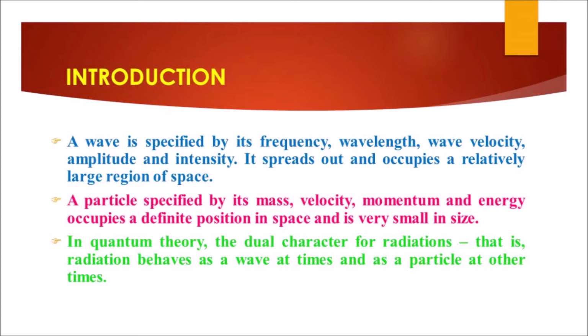A particle, specified by its mass, velocity, momentum, and energy, occupies a definite position in space and is very small in size. In quantum theory, the dual character of radiation means radiation behaves as a wave at times and as a particle at other times.